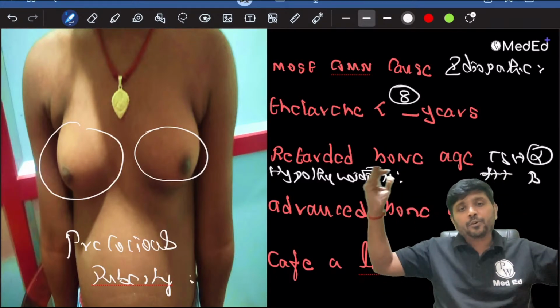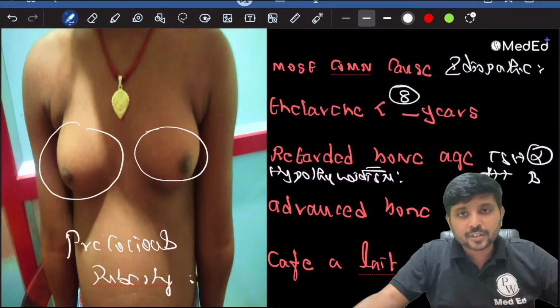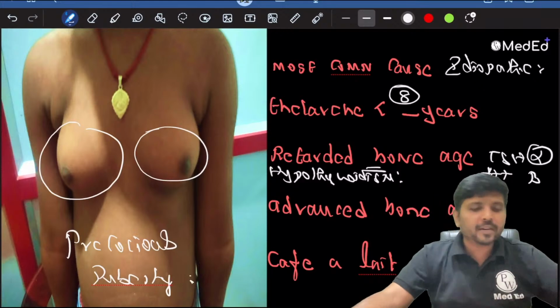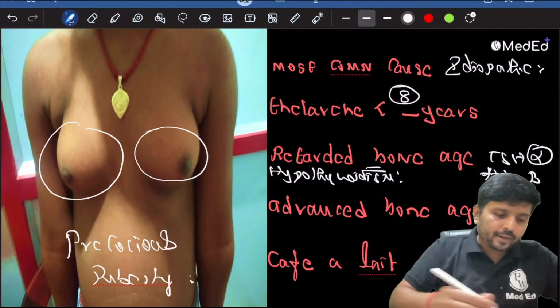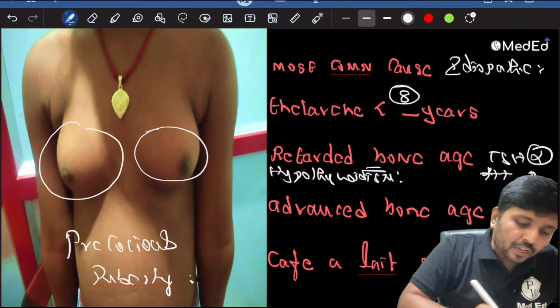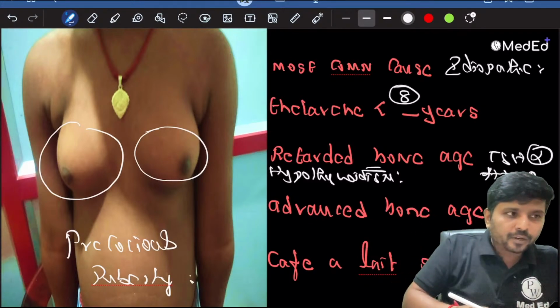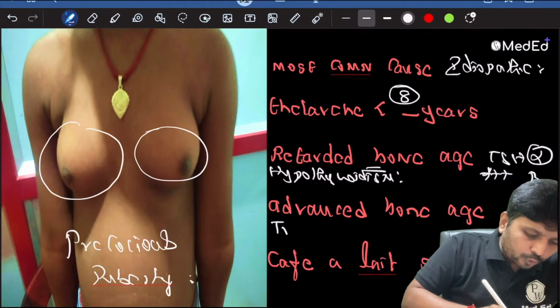So these high amounts of alpha subunit act on the ovaries and uterus to produce bleeding. Precocious puberty with advanced bone age means true precocious puberty.